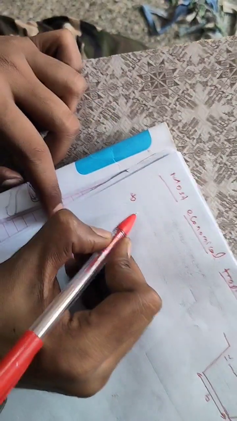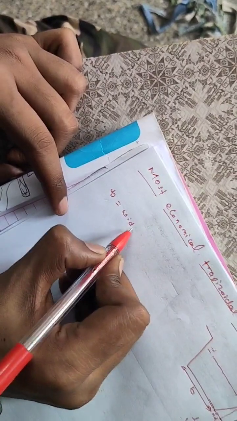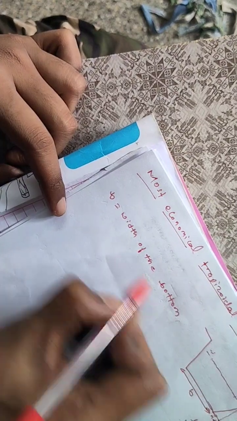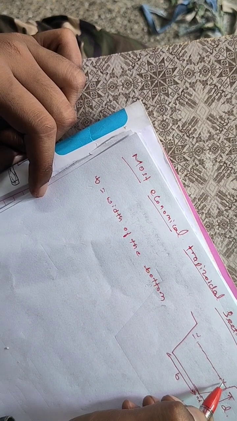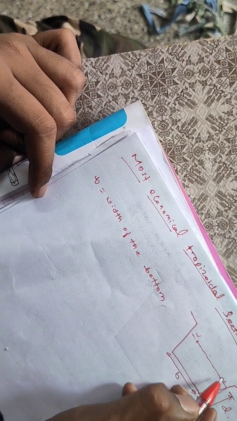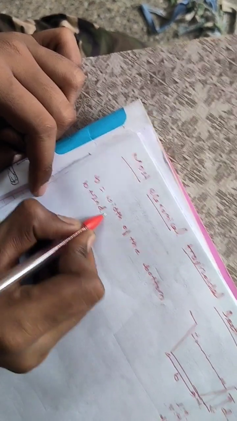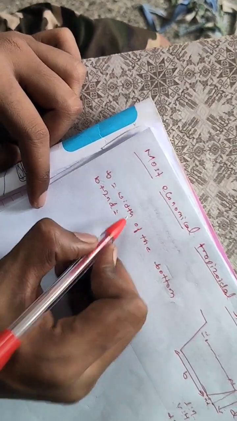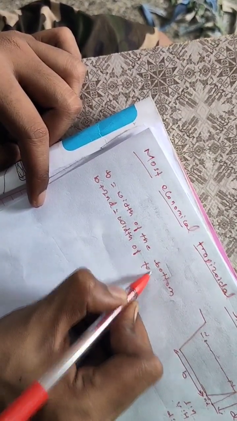Let B be equal to the width of the bottom, and the upper one will be, this is nd, this will also be equal to nd, and this side also nd, means this side is b plus nd plus nd, that will be equal to b plus 2nd, which will be the width of the top section.